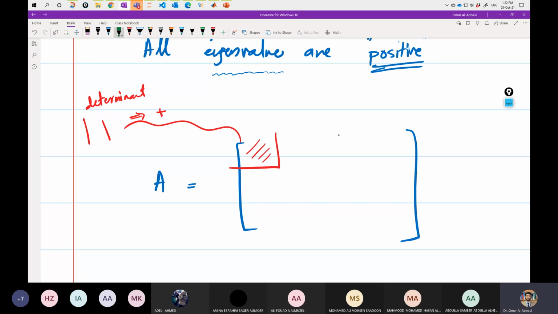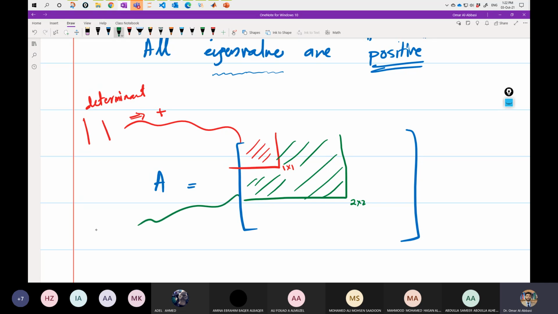Then we move to the second square part, which is 2 by 2. So 1 by 1 was a scalar quantity. Now it's 2 by 2. What shall we check? Again, check if the determinant of this part, the 2 by 2, is again positive. All right. Then we should continue as well.